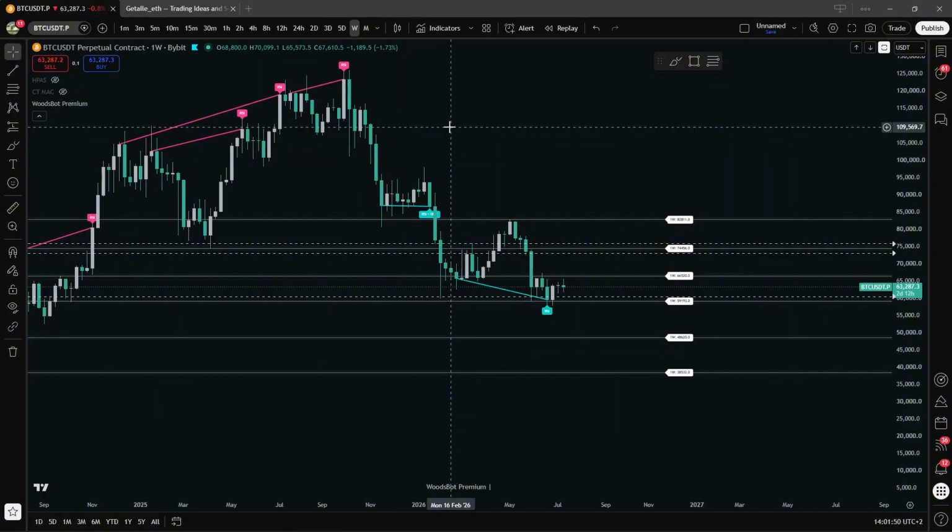It obviously depends on what kind of person you are, how much time you want to spend in trading, how much attention you can give to the charts, and this kind of determines which time frame you should be using.